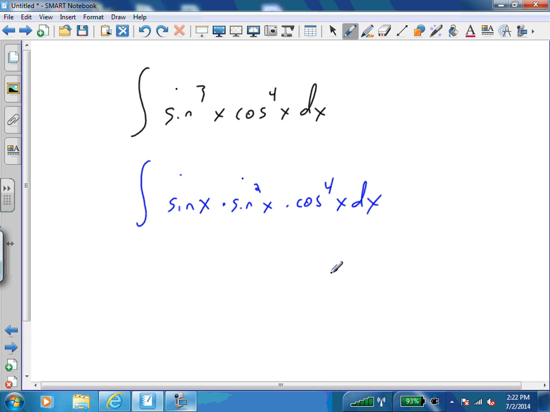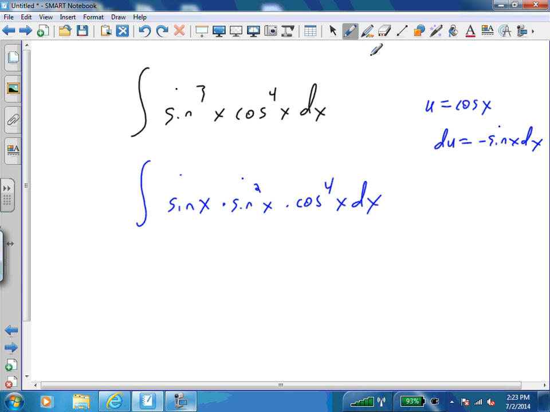So just keeping track of things, if we were to let u be cosine, then our du would be negative sine x dx. So we need to keep one of those sines for our du, but let's change the rest of the sines into cosines.